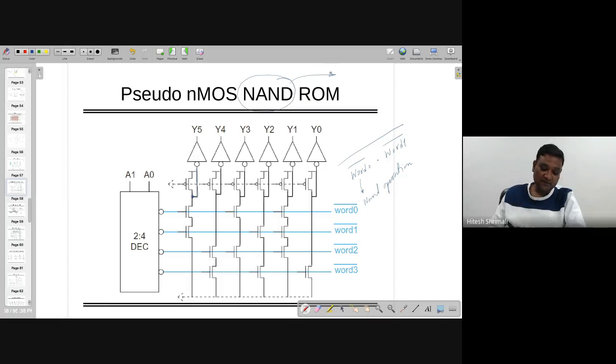So the same pseudo NMOS network will be here, and they have to be weak, as we know. Why? Because there are so many transistors connected in series.